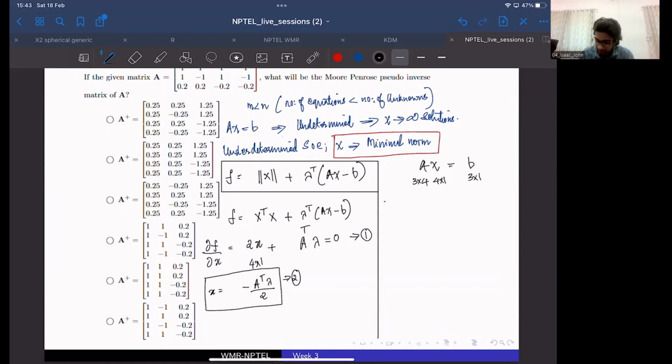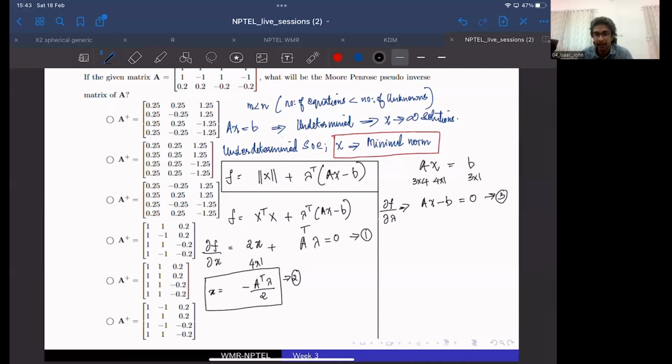And again, if you differentiate this Lagrangian, the objective function, with respect to lambda, partial F by partial lambda, we end up with Ax minus b equals 0. This would be equation 3.